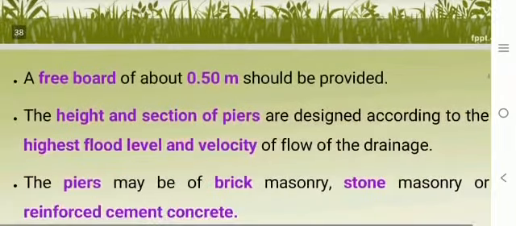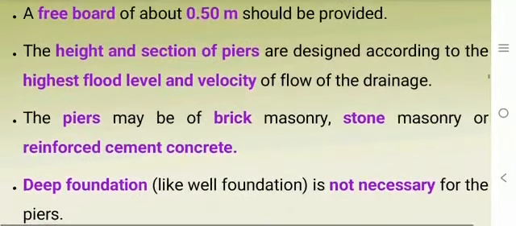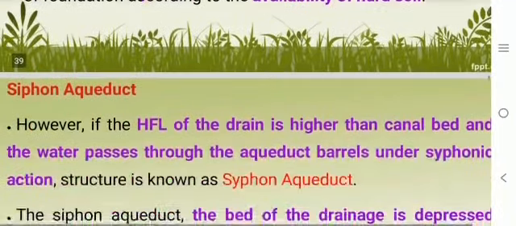The bed level of the river is clearly below the bottom of the canal. This is called an aqueduct. A freeboard of about 0.5 meters should be provided. The height and section of piers are designed according to the high flood level and the velocity of flow of the drainage. The piers may be brick masonry, stone masonry, or reinforced concrete structures.